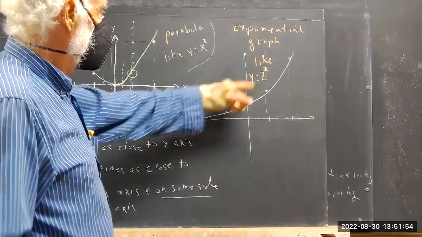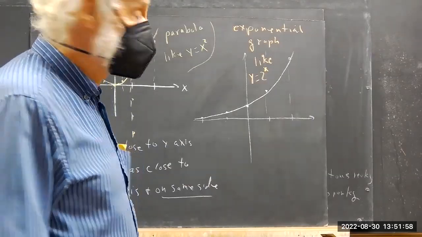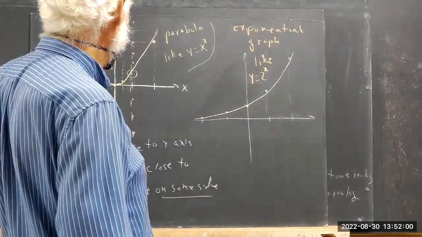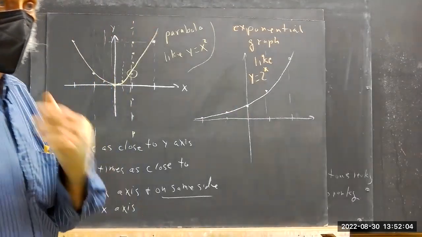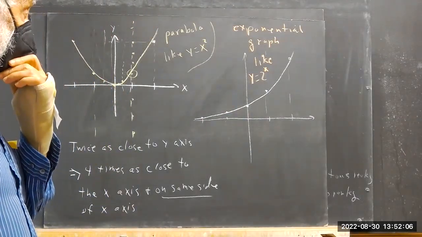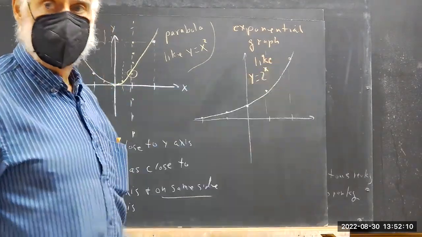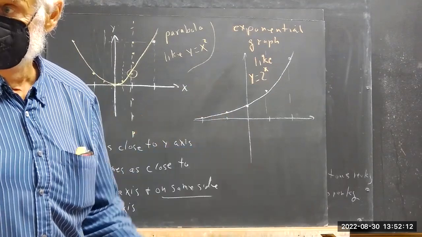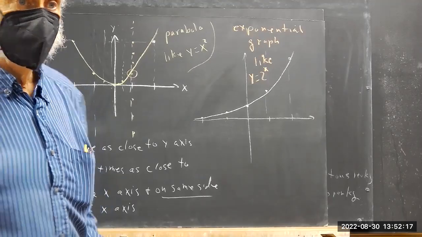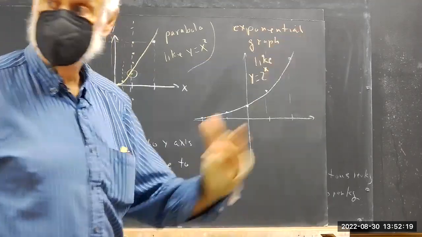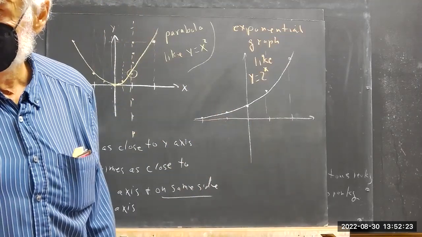Now x squared and 2 to the x are easy to confuse, but this graph and this graph are very different. And this graph shows you how fast your money will grow. Your money will increase at a constant interest rate. Okay. So that's kind of important if you're business related. You really have to understand that exponential graph.